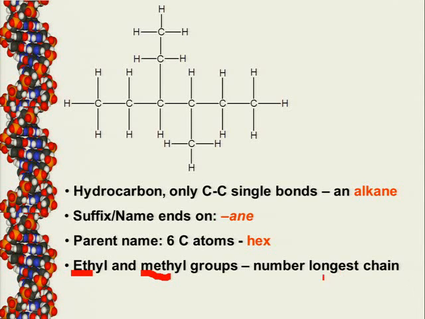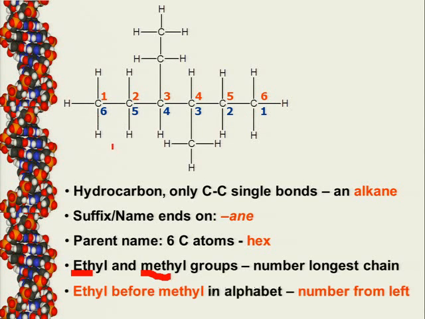All right? And then we number our carbons, number 1, 2, 3, 4, 5, 6. And we also do another numbering, 1, 2, 3, 4, 5, 6. And then we check, alphabetically we said E comes before M, and therefore E has to have a lower number. We'll count from left. We'll take the red numbers there.